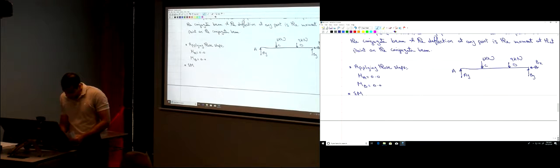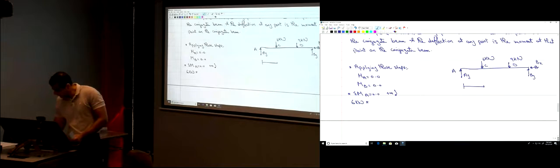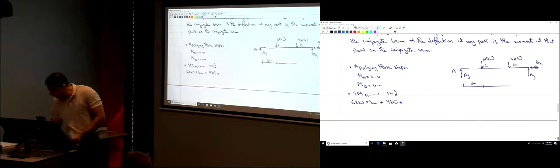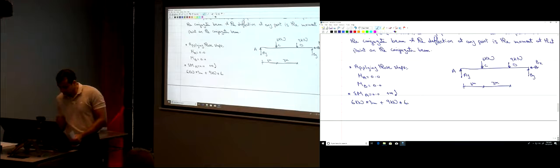Sigma moments about point A equal to 0. Let's assume anything rotating counterclockwise is positive. So we have 6 kilonewtons multiplied by this distance, 3 meters. So 6 times 3, and then plus 9 kilonewtons times its distance to point A. How much is that distance from A to D? 6 meters.